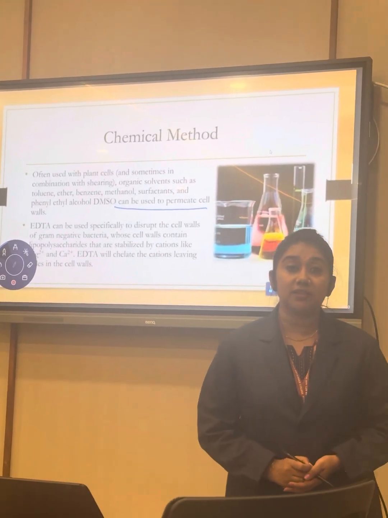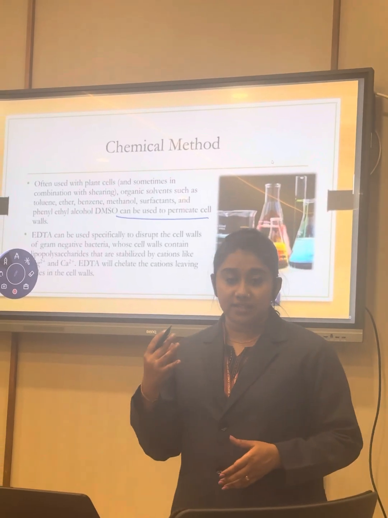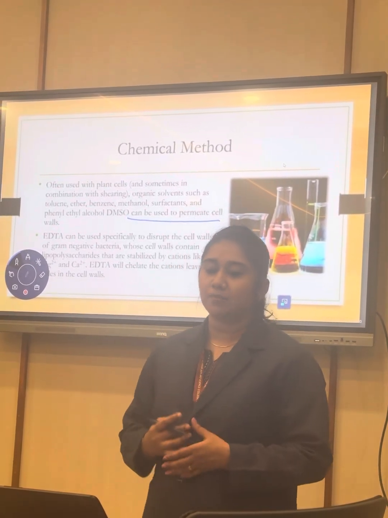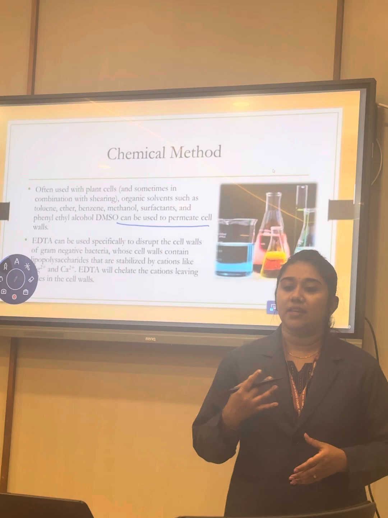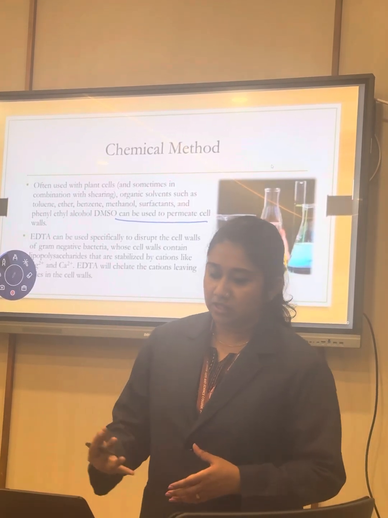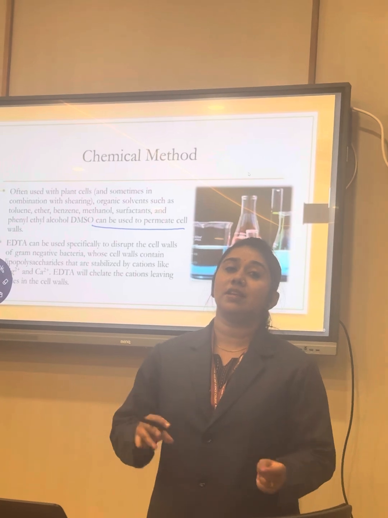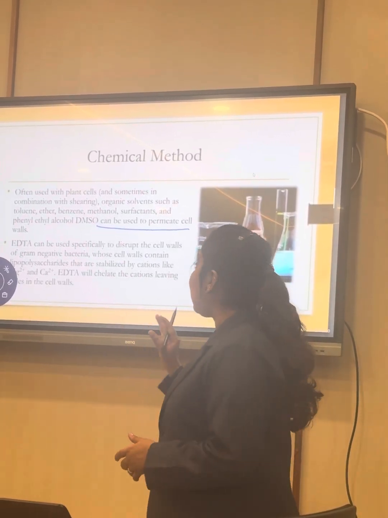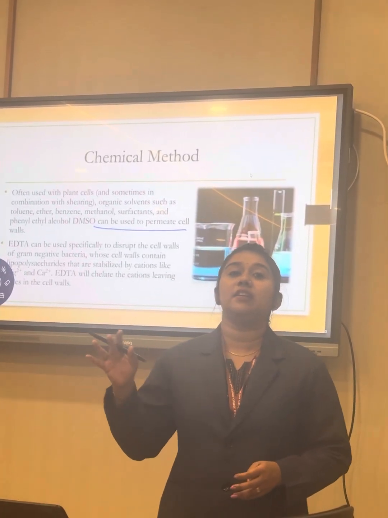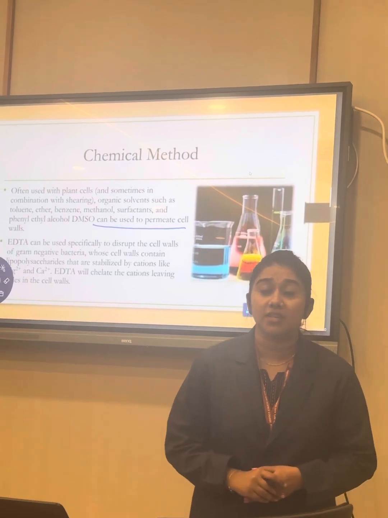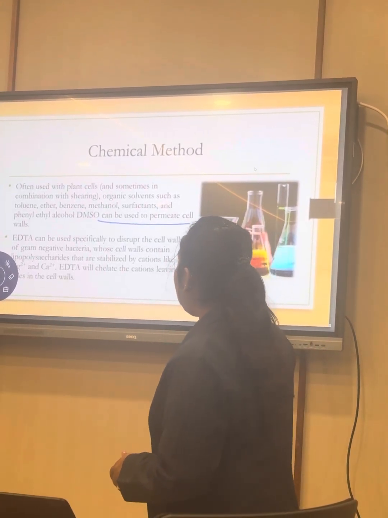The next method is the chemical method. In chemical methods, we use organic solvents like surfactants, methanol, benzene, ether, toluene, DMSO and phenyl ethyl alcohol. It is commonly used in plant cells. But in the case of gram-negative bacteria, we use EDTA.